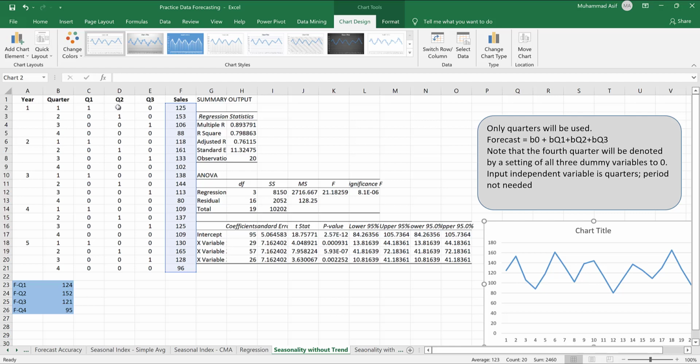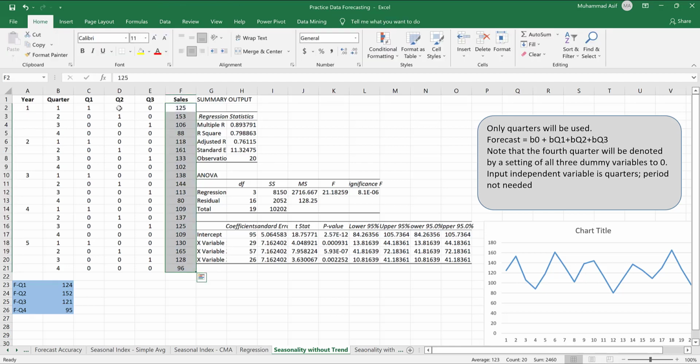So, the k minus 1 rule, and only the dummy variable representing the relevant quarter is 1, and all others become 0. For example, this 125 is the data for quarter 1, so Q1 is 1 and all others are 0. This is data for second quarter, so Q2 becomes 1 and the other two become 0, this way.